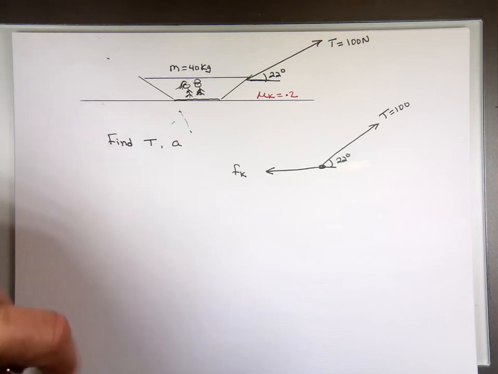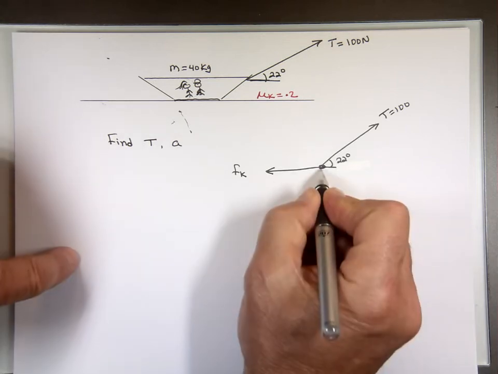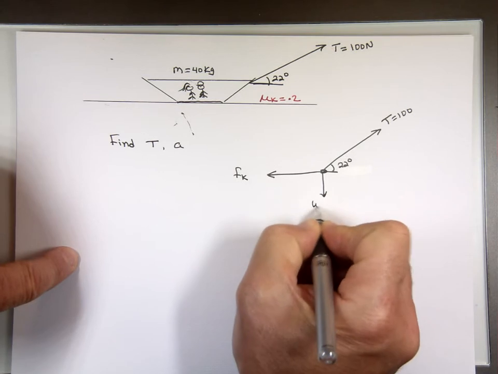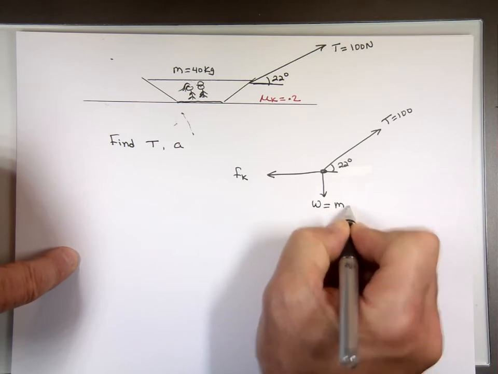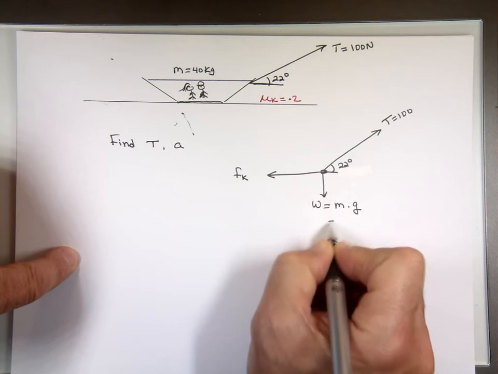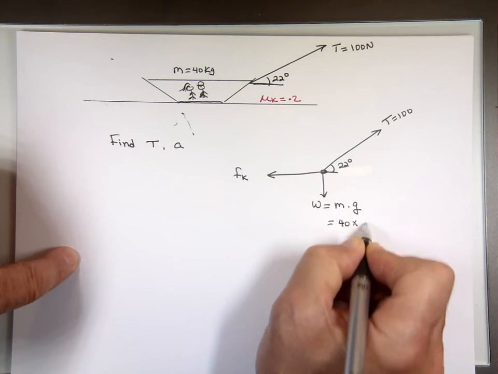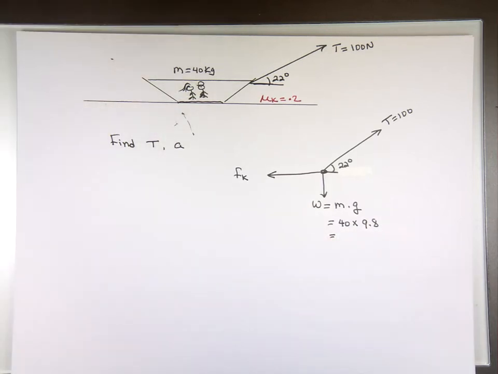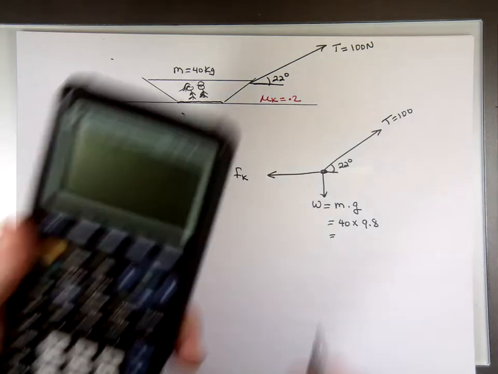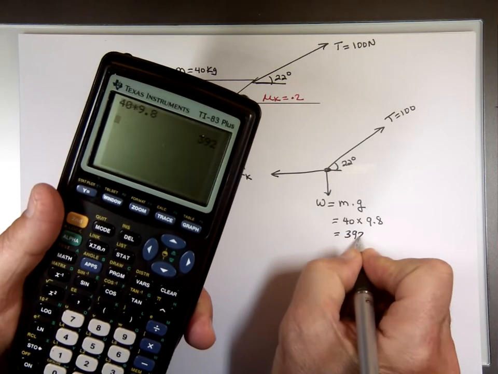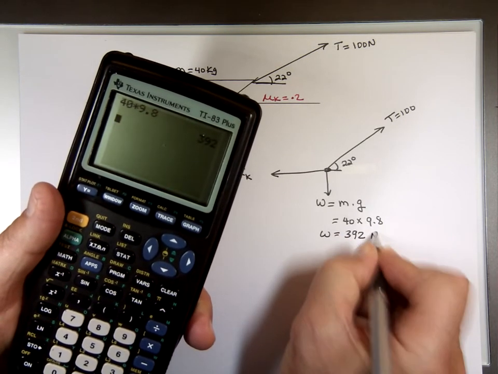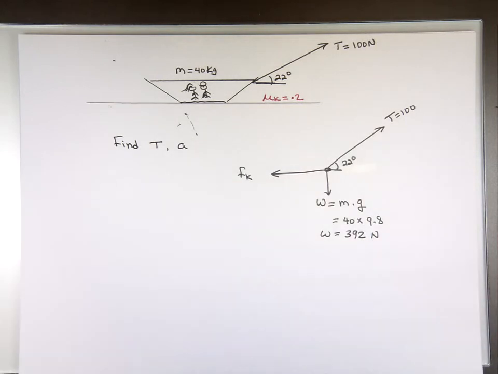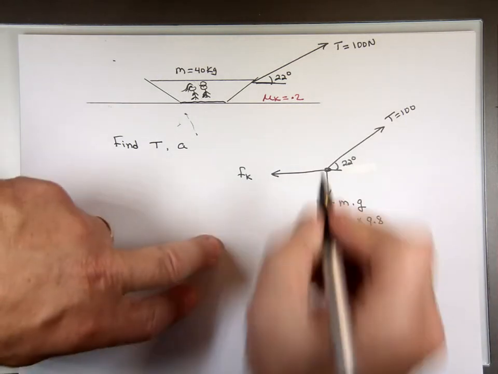The weight. 392, is it? What else do we have? We have one more force. What is it? Normal force, yes. The ground pushing up on it, the snow.